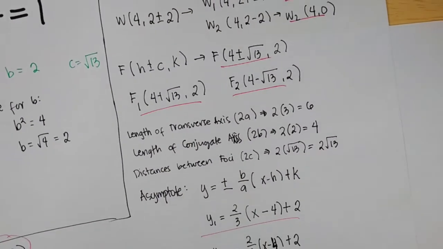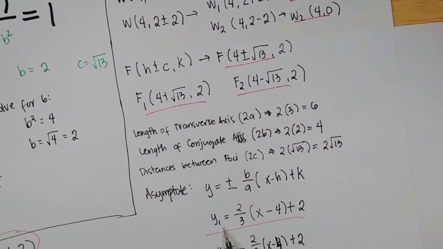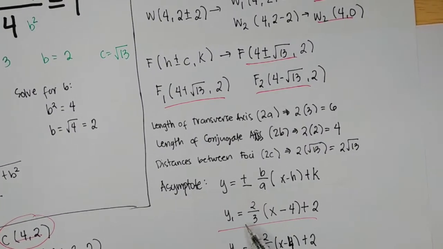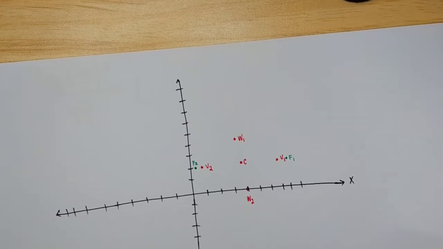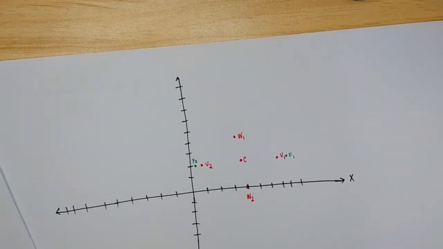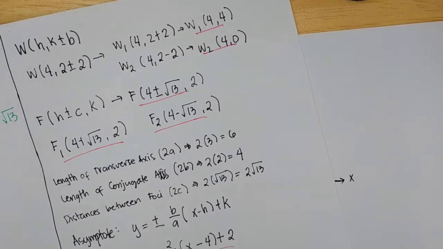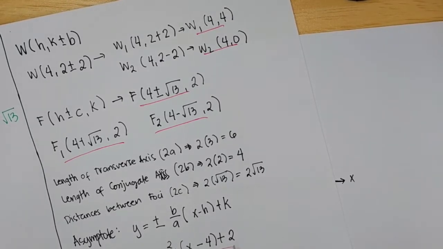So, if we're going to plot this asymptote sa graphing natin, important itong asymptote kasi yun yung line, di ba? So, let's try. Ang asymptote natin is 2 over 3, x minus h plus 2. So, if palitan natin yung x ng 0, ano yung value ng y?